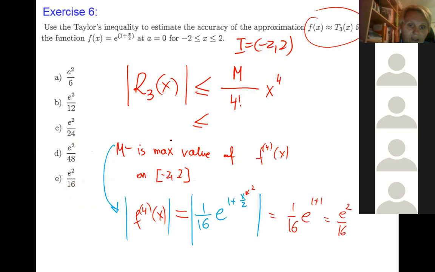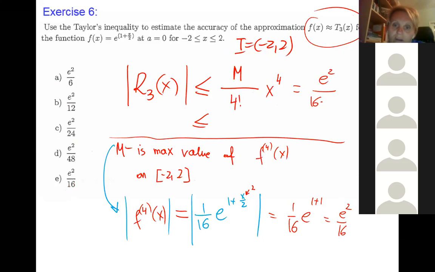Oh, I don't have enough room. Maybe I can write here. M is e squared over 16. 4 factorial is 24. And now I also have to substitute something for x.